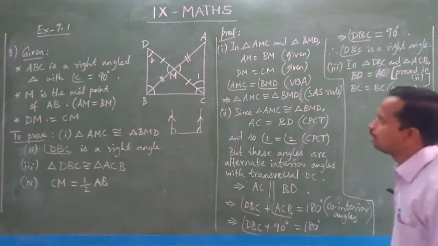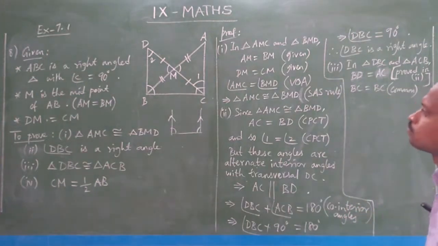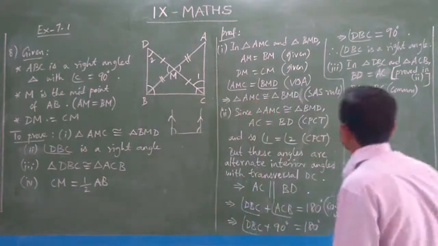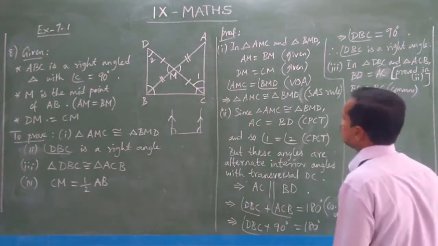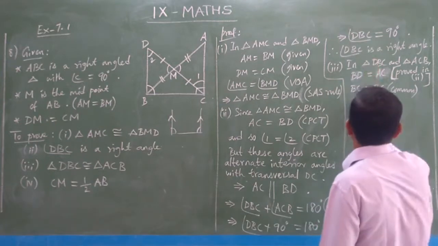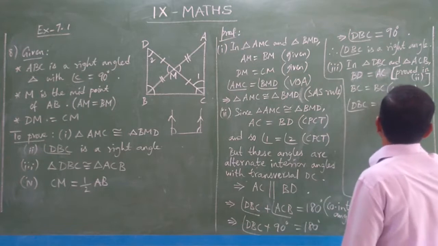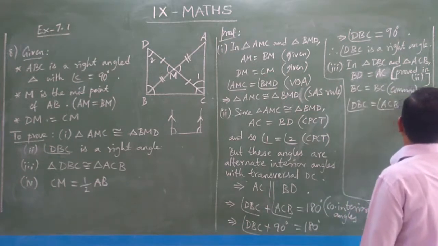And one more thing, both angles are 90: angle DBC is equal to angle ACB, both 90.